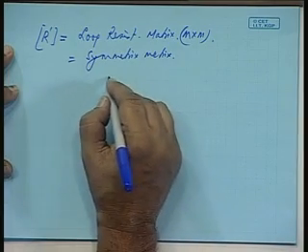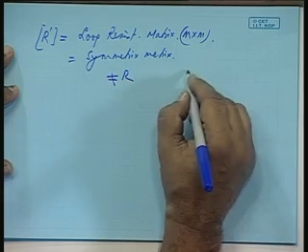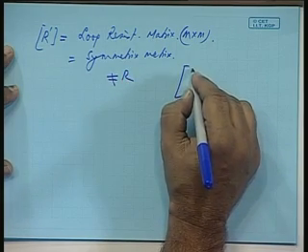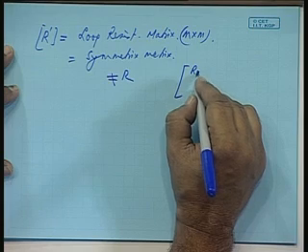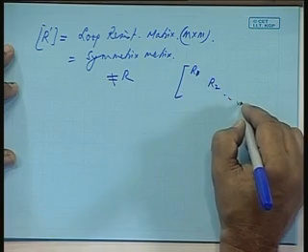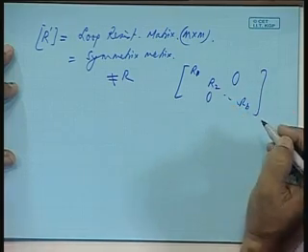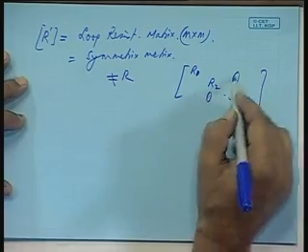Mind you, this is not the same as R, it is different from R. The R matrix will have only R1, or I can write R11, it does not matter, R2 or RB, and these off-diagonal terms are all zeros, whereas in R dashed they are not zeros.